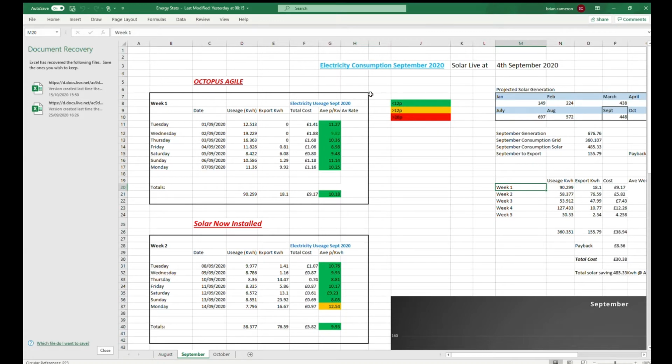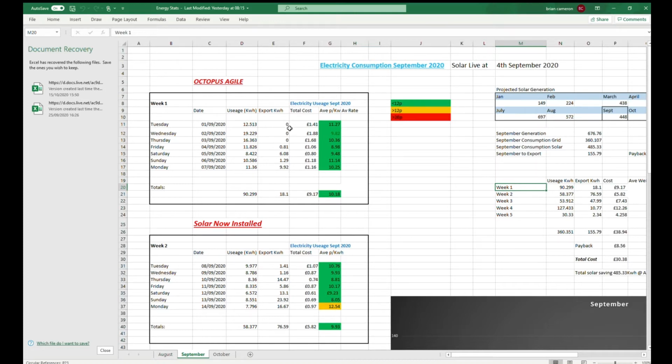So here we have the electricity consumption and data for September 2020, and as you can see along the top here, we were live with our solar. It went online on the 4th September, late on in the afternoon. So when we take a look at week one here, you'll notice Octopus Agile. We were already on Octopus Agile from, I think, middle of August time.